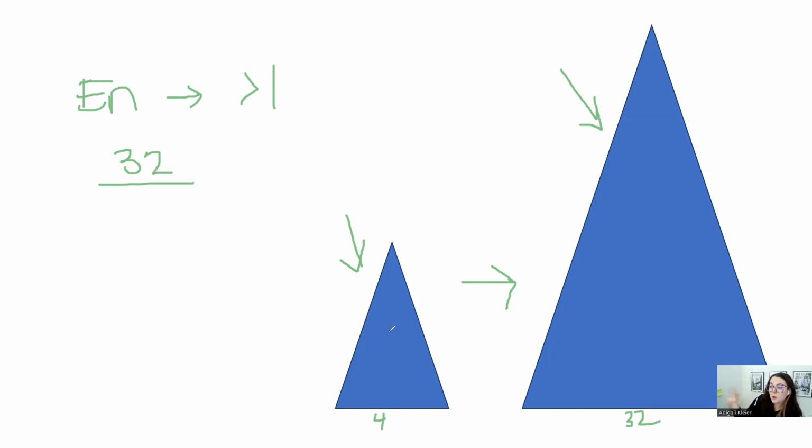So again, it's not smaller or bigger, it's image 2 divided by image 1. The measurement for image 1 is 4. So here I have 32 divided by 4, and that gives me a scale factor of 8. So that means all the dimensions of my smaller triangle, when multiplied by 8, will give me the dimensions of the bigger triangle.